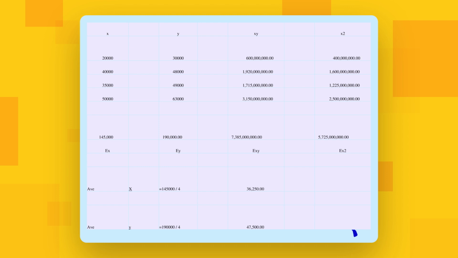Given the 20 and the 30, what you will do is add all 20, 40, 35, and 50, and that would be 145,000. That would be the summation of x. For y, just add all 30, 48, 49, and 63. You have here 190,000. The 190,000 is your summation of y.